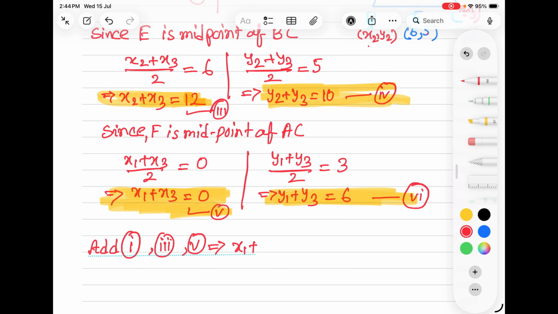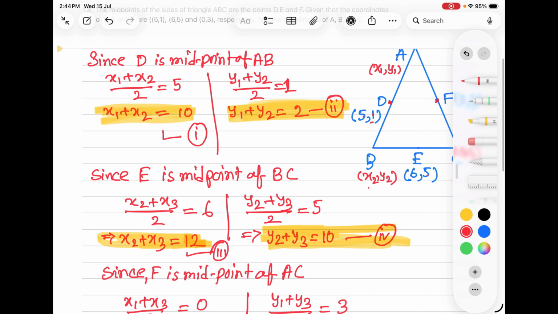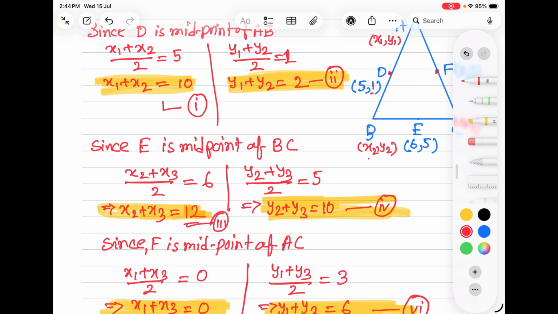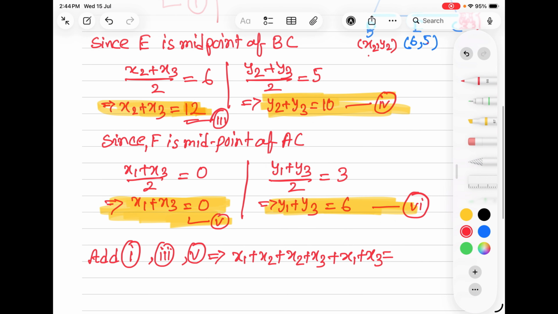The left hand side is x1 plus x2, plus x2 plus x3, plus x1 plus x3. The right hand side is 10, 12 and 0. 10 plus 12 plus 0 equals 22.